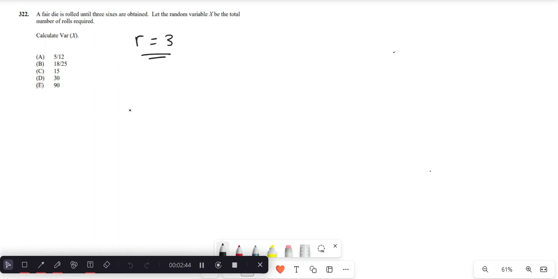But for the negative binomial distribution, it is the number of trials required to get the rth success, where r must be at least 2. R is 2 or more. I'm hoping you can see the generalization coming out right here.